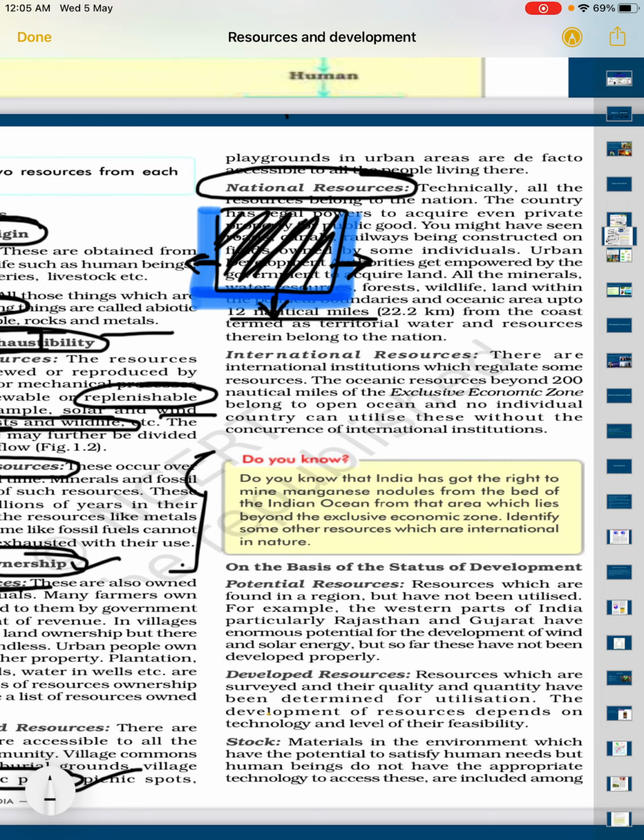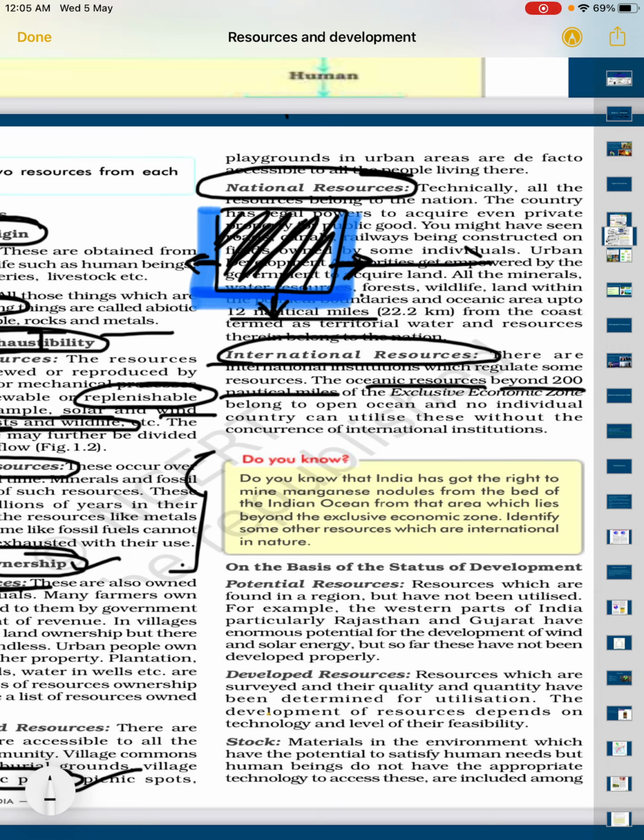Now what do we get in this particular water area? We get corals, we get fishes, we get many other types of resources here, and this also belongs to us. And the other countries also have their own water areas. Now the next one is international resource, which means the oceanic resource which is beyond 200 nautical miles.